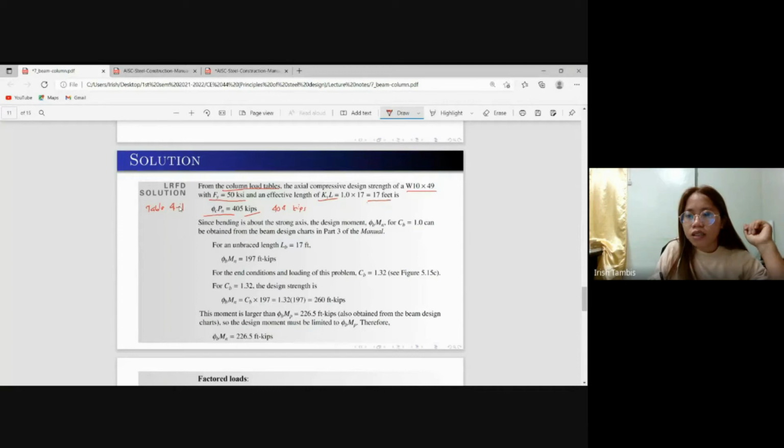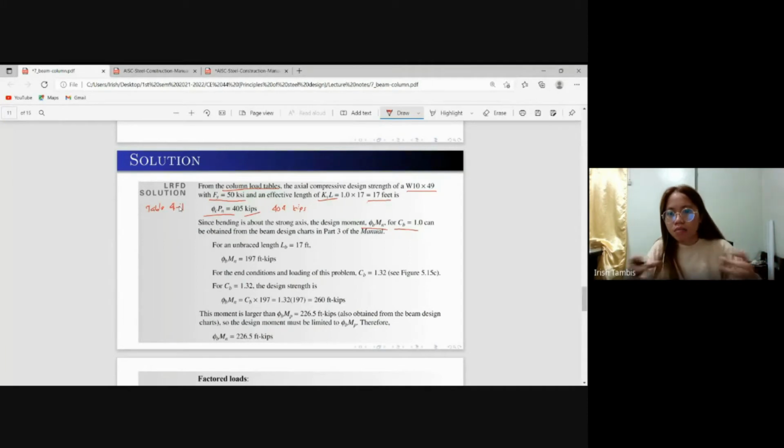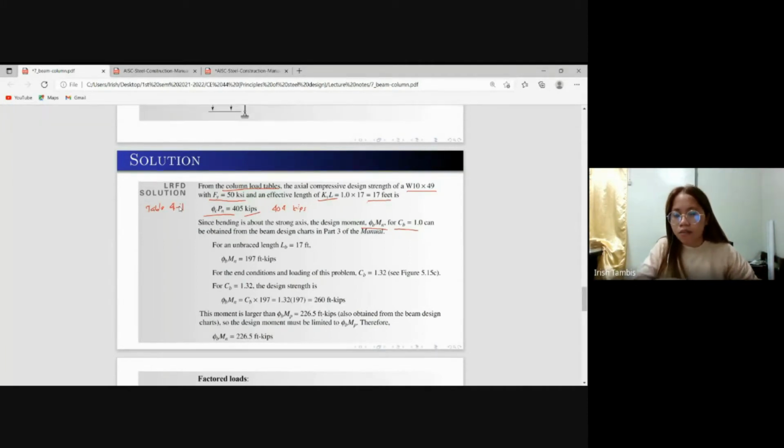So, this time, we have to find in the table also, for C sub B 1.0. This C sub B is the coefficient for the moment gradient. But actually, dili 1.0 ang C sub B ani nga example, because dili man gagabari man iyang moment.